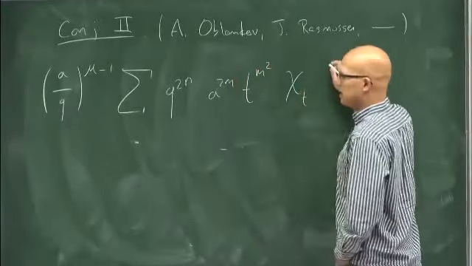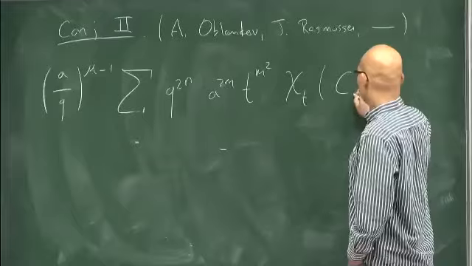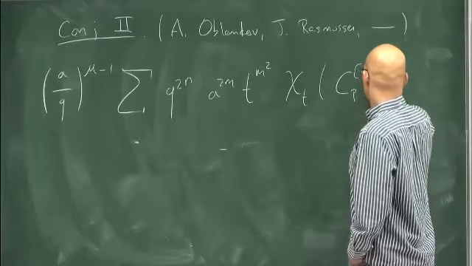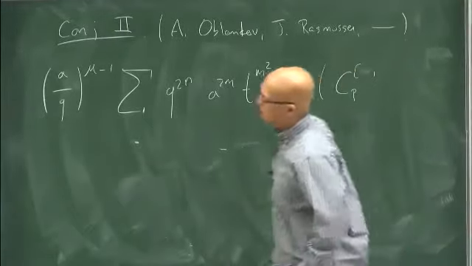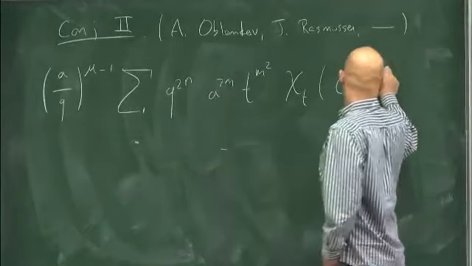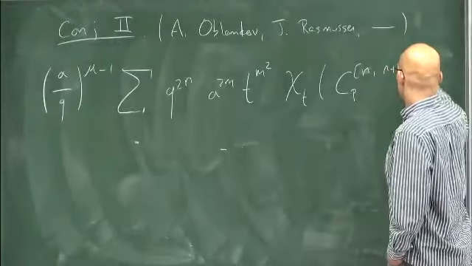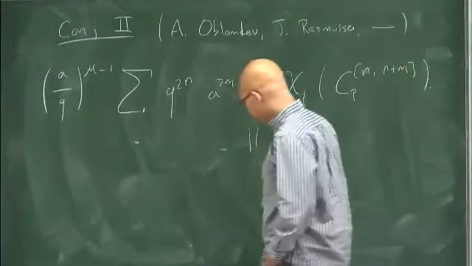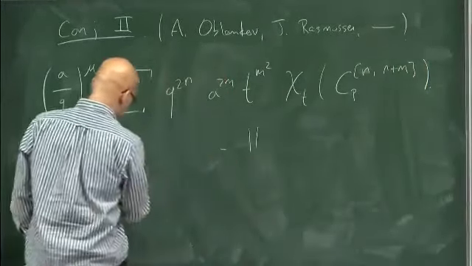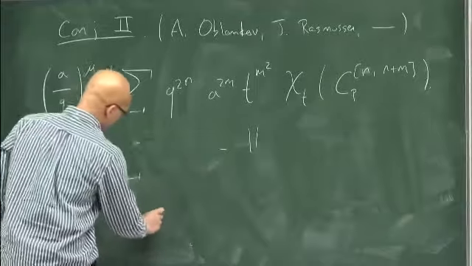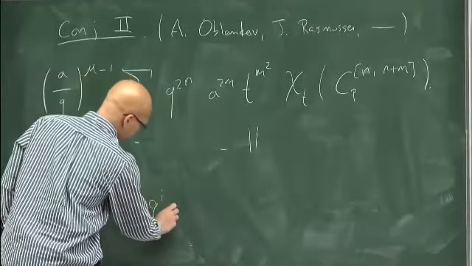I mean, this means virtual Poincaré polynomial. And this is the generating function of dimensions, so it's the generating function of dimensions of triply graded homology.